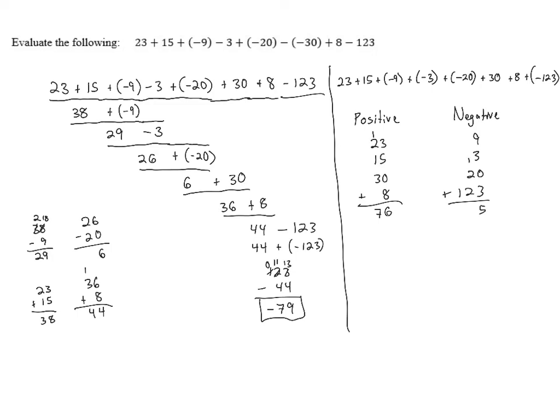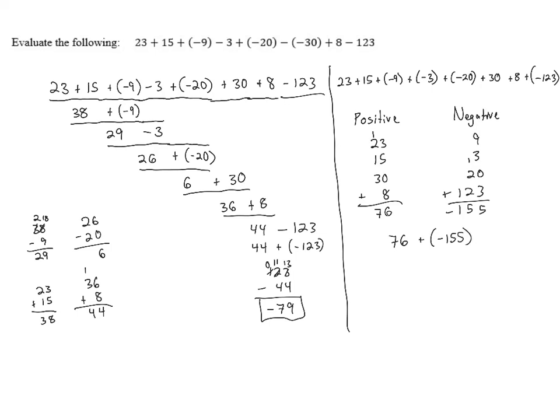Carry the 1. 1 plus 2 plus 2 is 5, and then we bring down the 1. So we've got 76 and 155. Now, 155 is a negative quantity, so I'm going to put a negative here. And so what we need to do is take positive 76 and add to that negative 155.